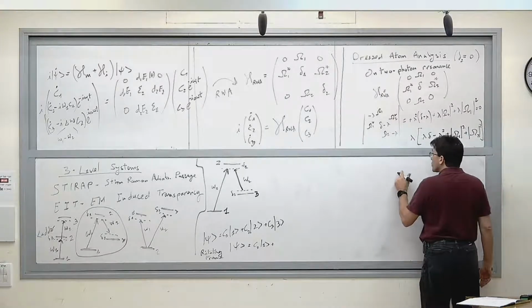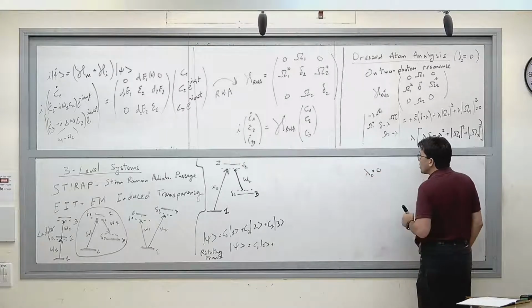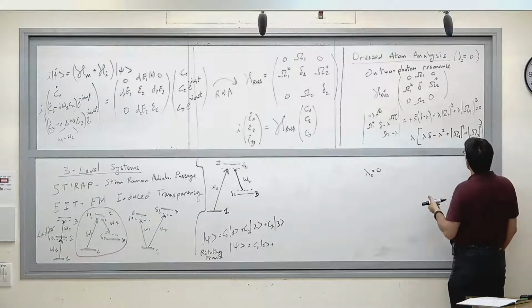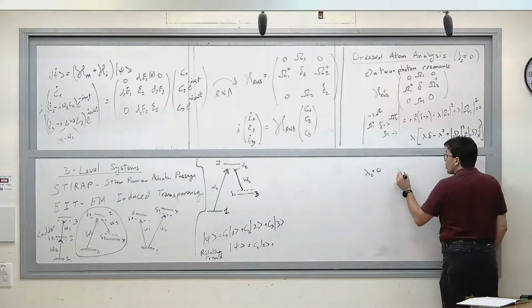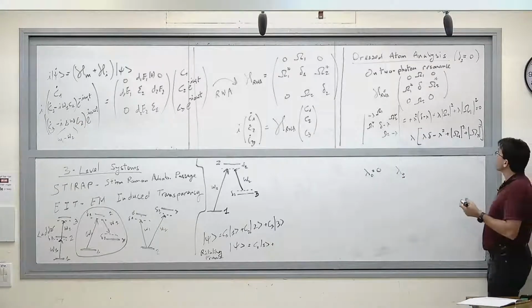So first of all we have lambda 0 equals 0. That's the first eigenstate. And then there's going to be two other eigenstates here, which we call lambda plus minus, two eigenvectors.